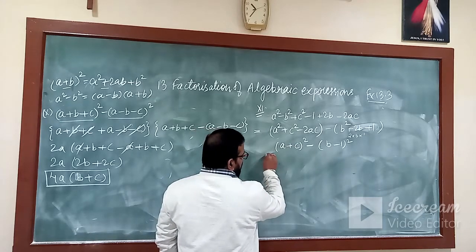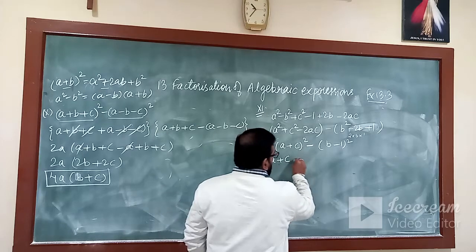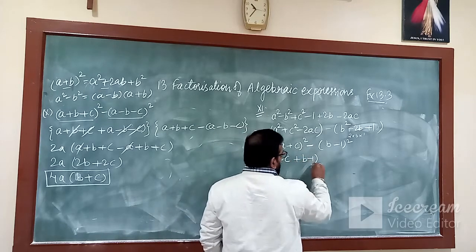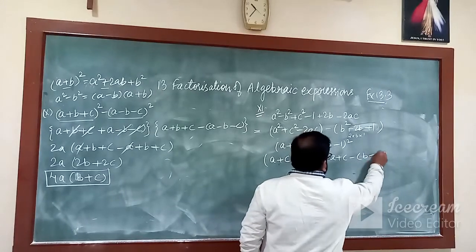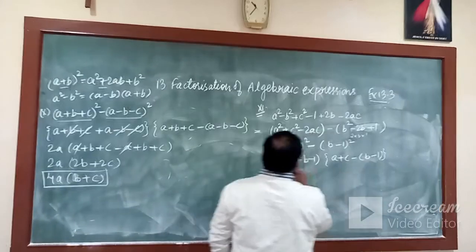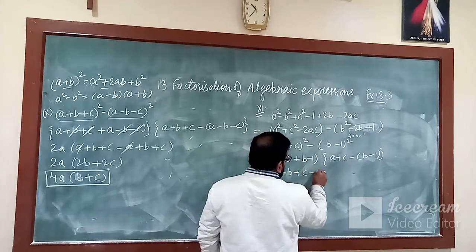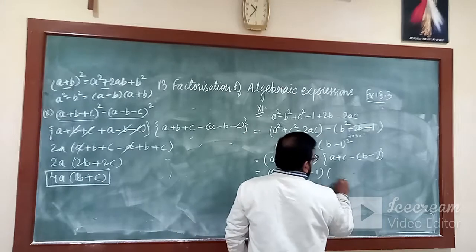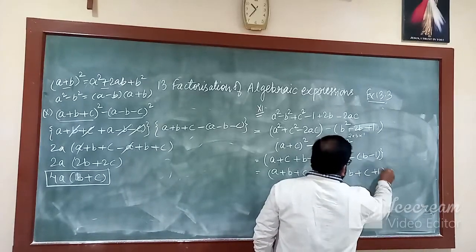So what am I left with now? a square, that is a plus c whole square, minus b minus 1 whole square, and this is a square minus b square. So what is our final answer? a plus b plus c minus 1, and here we can write a minus b plus c plus 1.